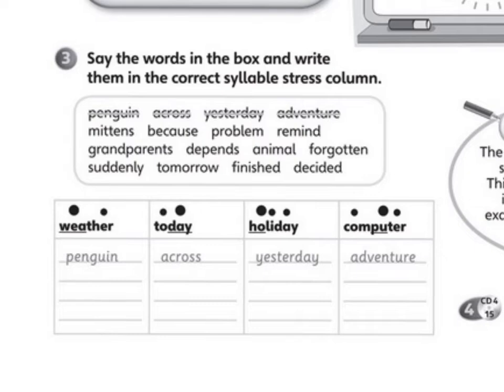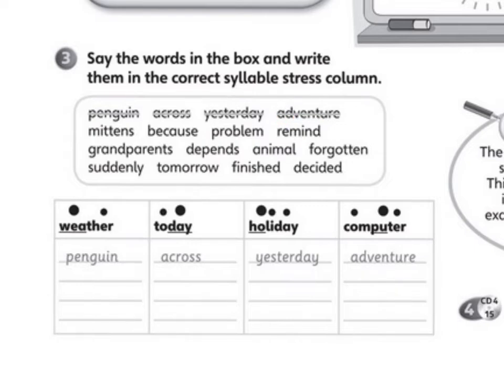Next one, across. Listen, today, across. So the end syllable has the most stressed sound. We have here yesterday. Yesterday. They are 3 syllables and the first one is the stressed one, like holiday. Now let's pay attention to this one.